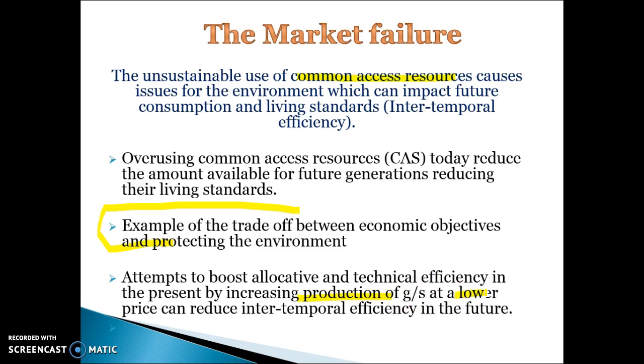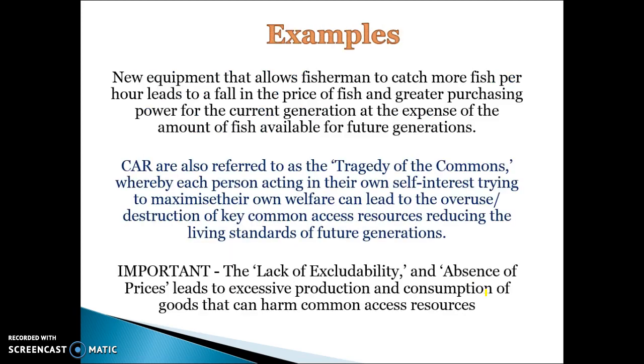Common access resources, if overused, will be less available for future generations, often because we're more interested in achieving allocative or technical efficiency. For example, new equipment that allows fishermen to catch more fish per hour will lead to a fall in the price and greater purchasing power for the current generation, but it can hurt future generations because there's less fish available for them as well.